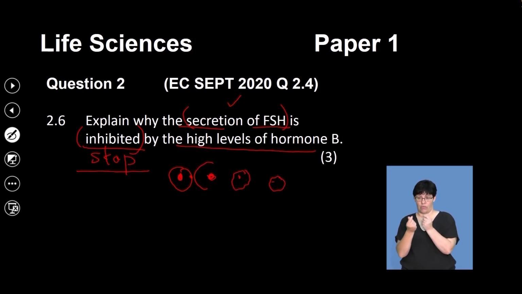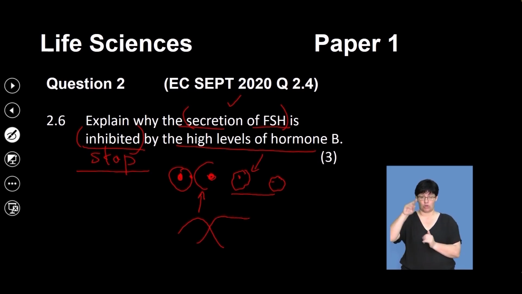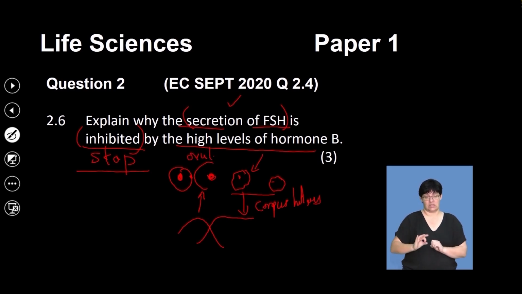And it is this rupturing of the Graafian follicle that causes a decrease in the level of FSH, and we have the maintenance of the corpus luteum, which causes an increase in the progesterone levels, and that is what maintains the progesterone. So it's the corpus luteum that is important in releasing it, and it is the effect of ovulation which causes a decrease in the levels of FSH.